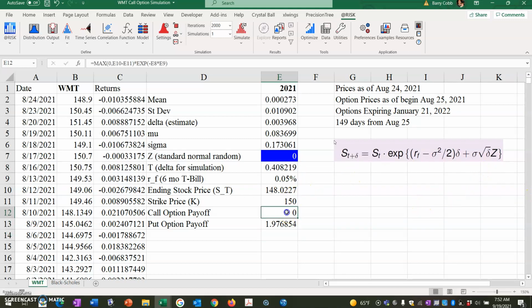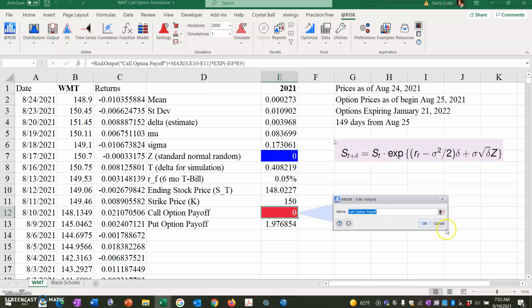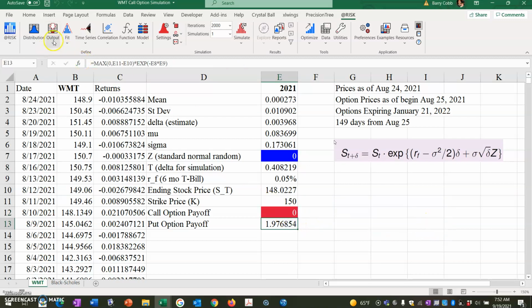So we want to make these both outputs in @RISK: call option payoff and put option payoff.